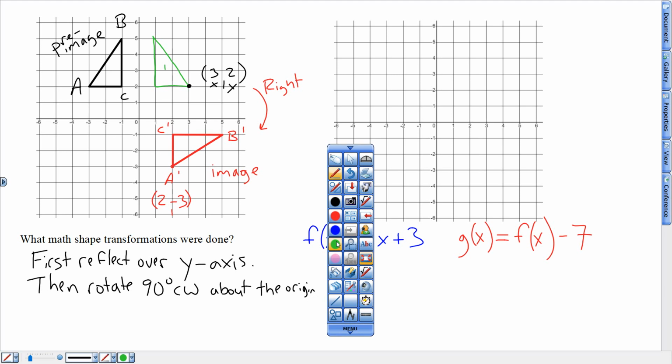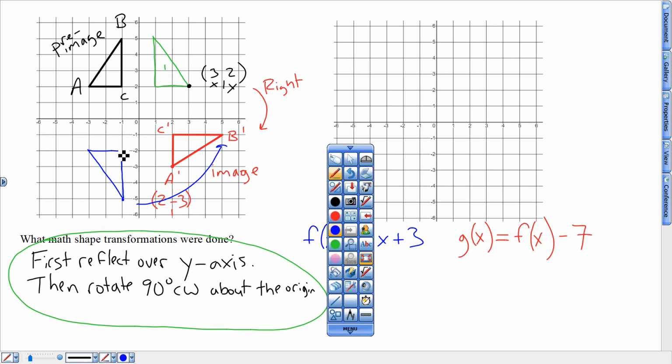All right, if you could have got that by reflecting over this x-axis first, let's see if that would work. Reflect over the x-axis first, and then a quarter turn to the left. Yep, that looks like that one would work too, because this point, quarter turn to the left, ends up here. This point ends up here. So yeah, that's another way you could have written it. I would have accepted both ways.